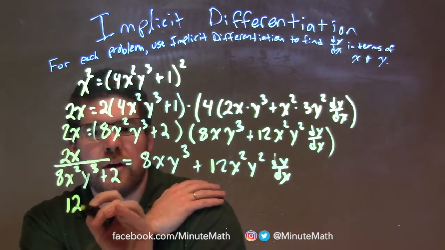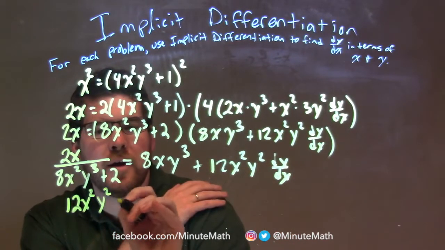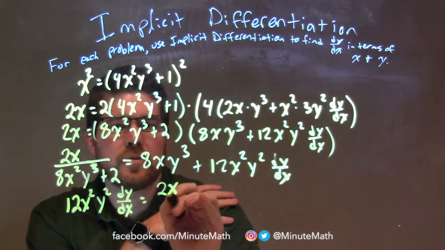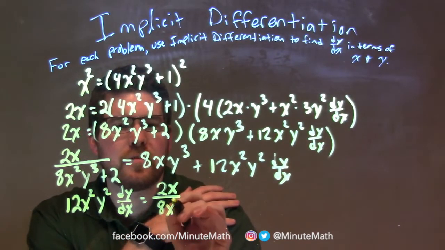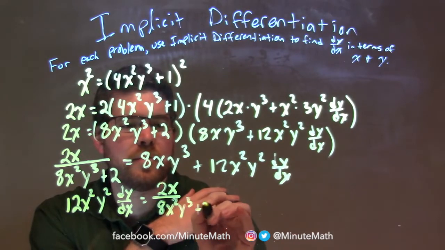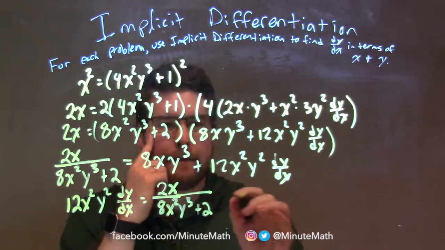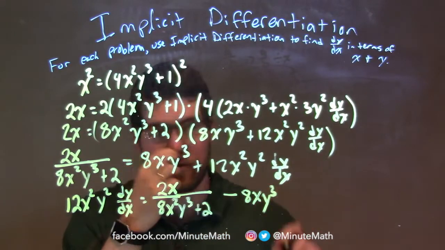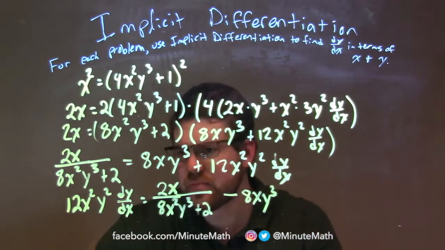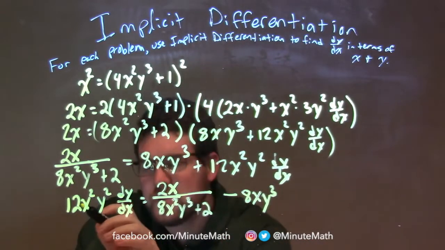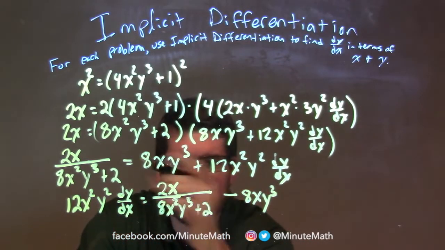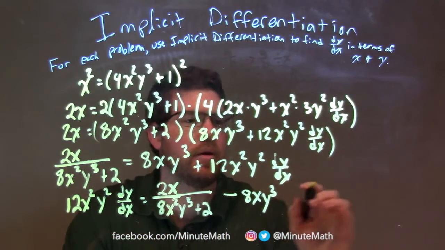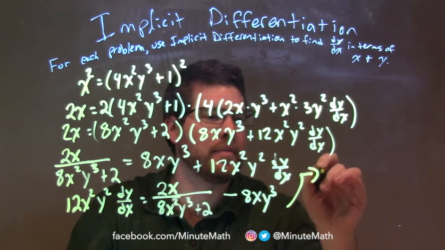So flipping around, 12x squared y squared dy dx is equal to 2x over 8x squared y to the third plus 2, okay, minus that 8x y to the third. Hope I can fit this in here. So I now just want to divide this 12x squared y squared to both sides, both parts, okay, leaving me dy dx by itself. So just kind of fit this in right here.